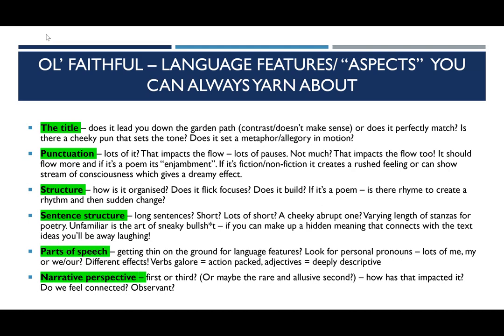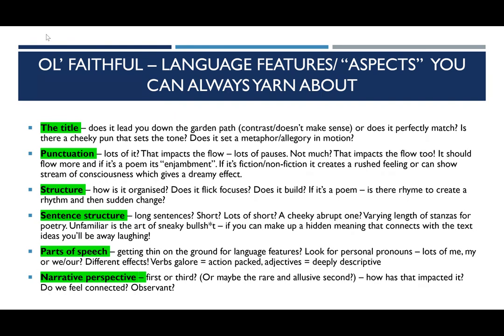Punctuation. This is incredibly important, particularly for poetry. Is there lots of it? Lots of punctuation means lots of pauses, and that impacts the flow of the sentences. In a poem, it's called enjambment, which is a language feature, and that refers to poetry that flows across sentences.